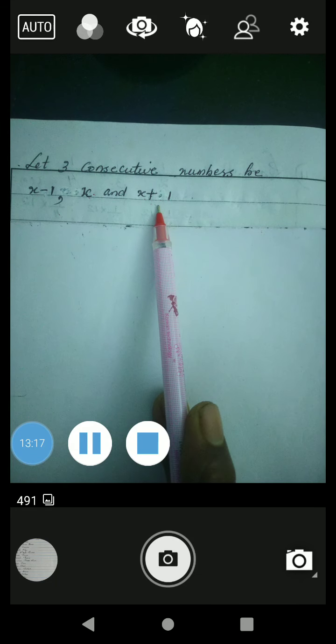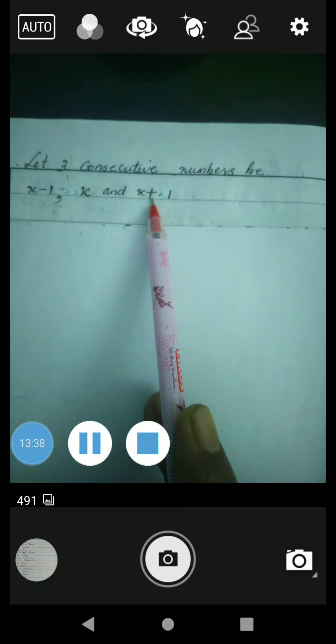Therefore, in this way we can assume 3 consecutive numbers. Previous number is x minus 1 and succeeding number is x plus 1. And we can find the relation between this. It is given the square of the middle number exceeds the difference of the squares of the other two by 60.